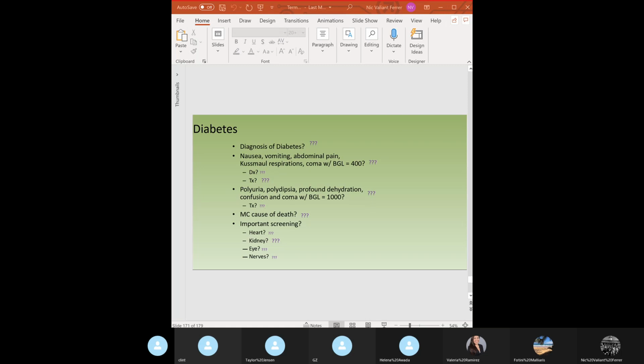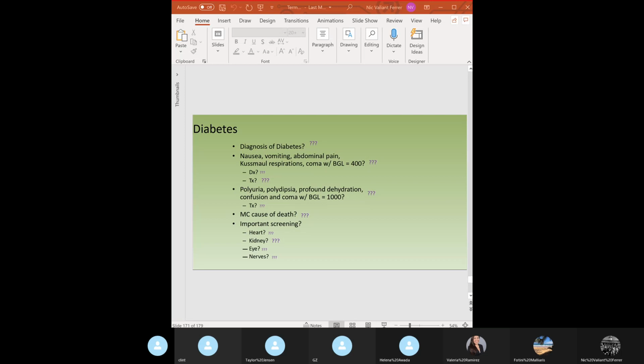All right. Other causes of high anion gap metabolic acidosis, aside from DKA: methanol poisoning, ethylene glycol poisoning, what else? Uremia. Exactly. Good job. What else?